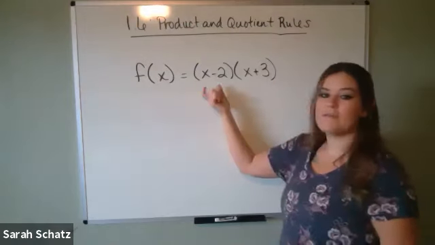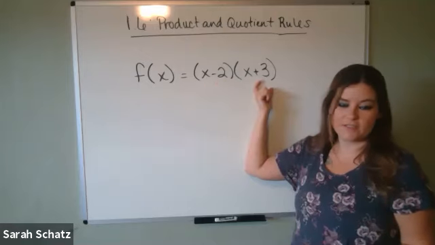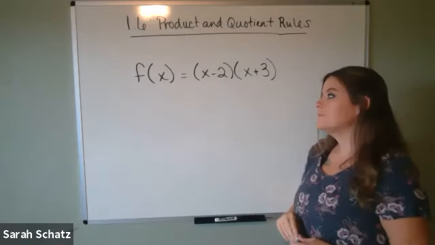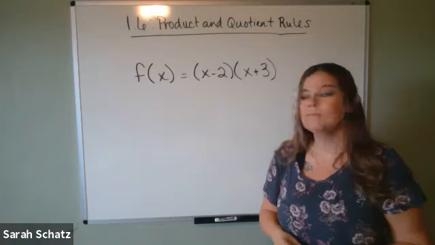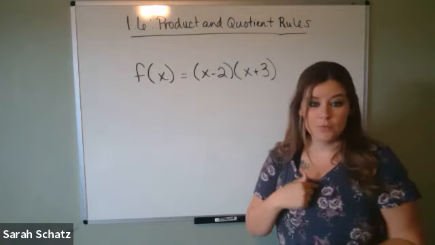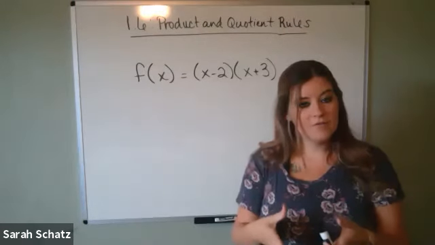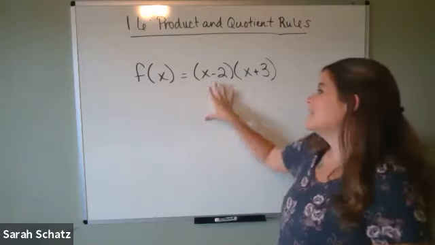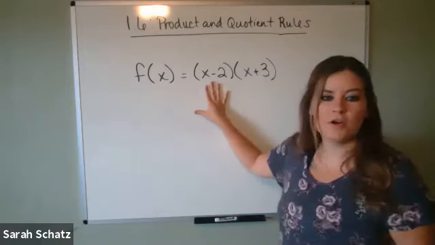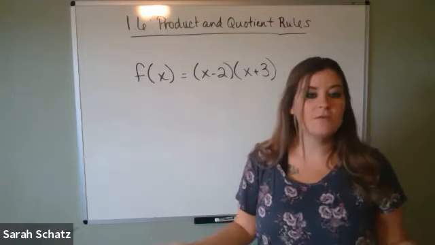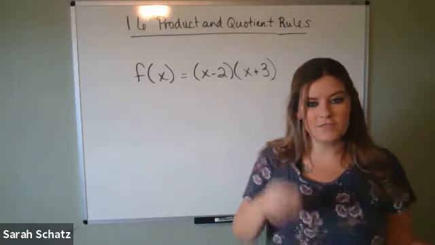And then I wouldn't have this function times function situation. Absolutely I can. Absolutely I would. But because we have such a limited knowledge of derivative techniques right now, I can't make these products much harder than they are right now because we just don't know enough about other types of functions.